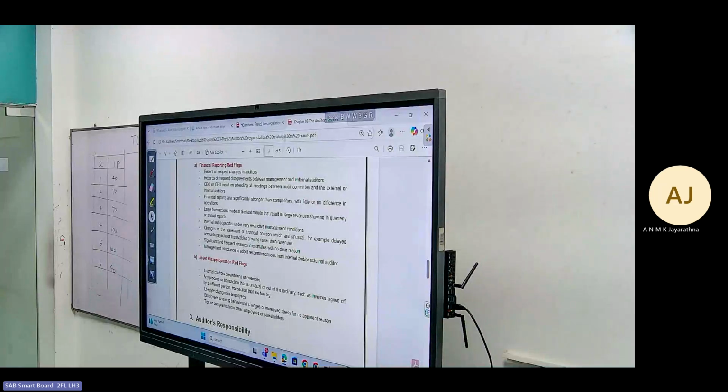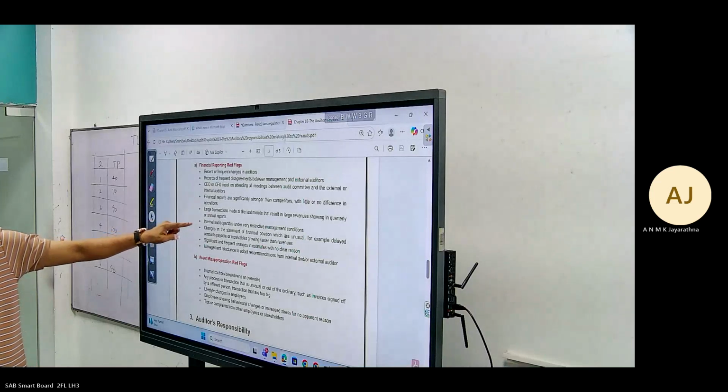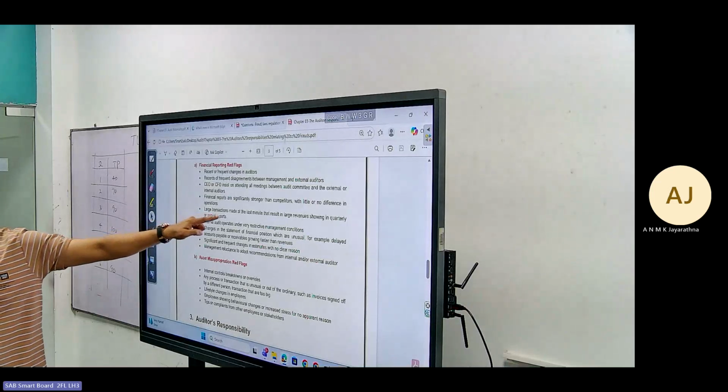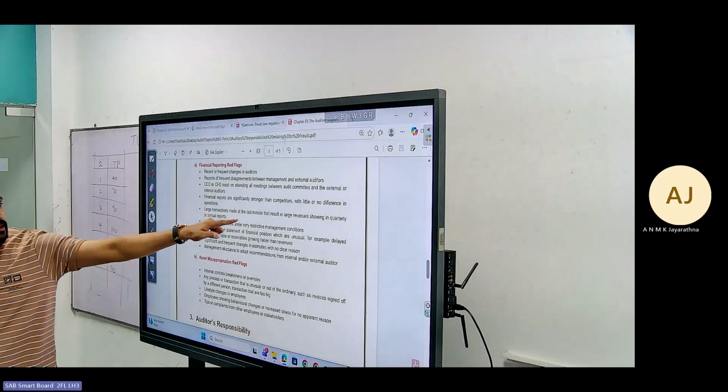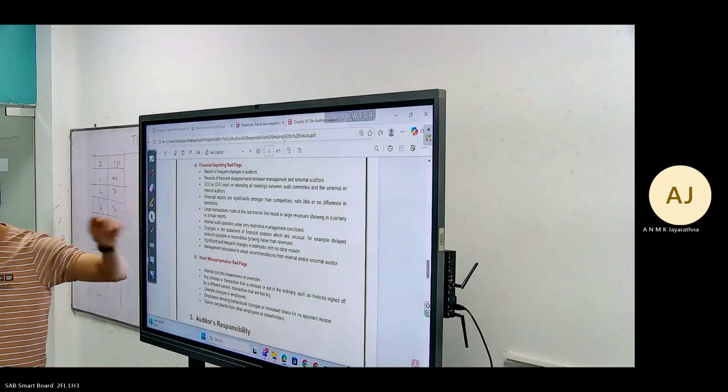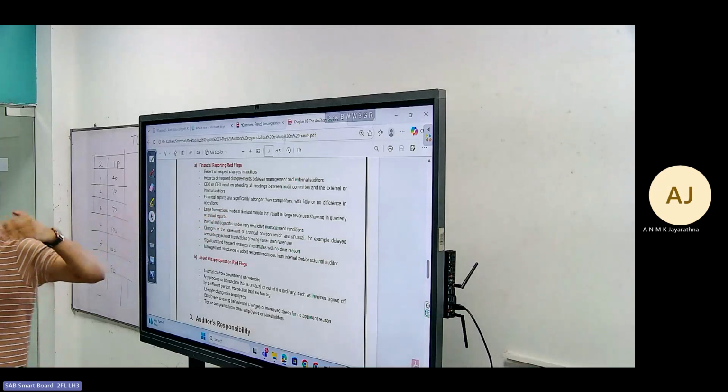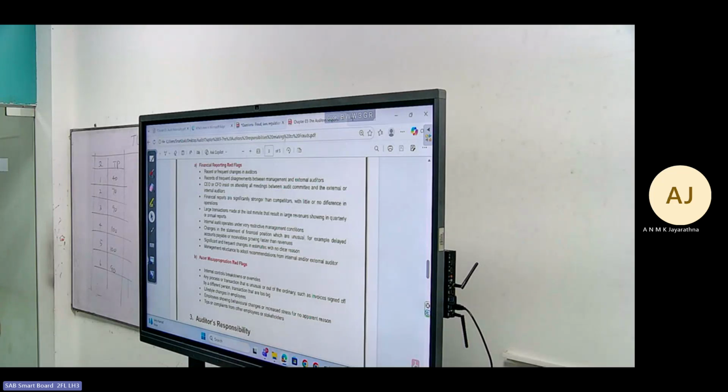They make bogus entries fast. Large transactions made at the last minute result in large revenues, like in the March month, unwanted bogus entries to increase profit. If they increase the profit, they will get a high percentage of incentive. So where performance-based incentive bonuses are given, that is the red flag: unwanted profit overstatement might be there. That is also one red flag.